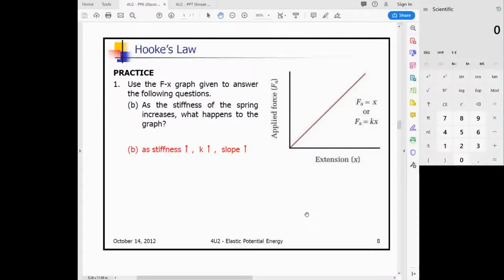And the greater the k, the higher the slope is. That also implies the greater the stiffness. So if we have a linear function that has a very high k value, the higher the k value, the more it approaches a vertical line. It starts to have a greater slope.